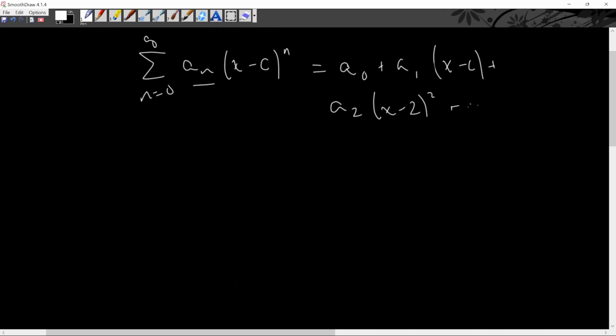For example, the third term will have a degree of 3 and a coefficient of a sub 3, and c is a constant. We say that this is the center of the series, and depending on what value c is, we will be approximating different functions in just a second. But you might already be questioning whether this can converge at all, and it can, depending on what x is, right?